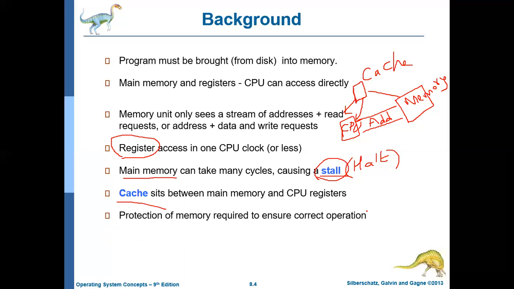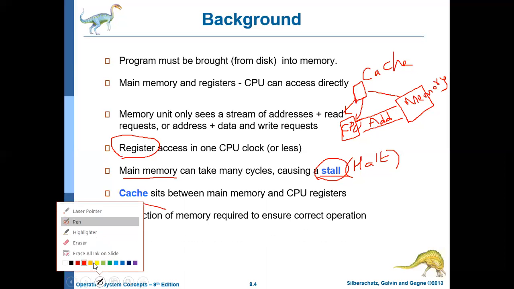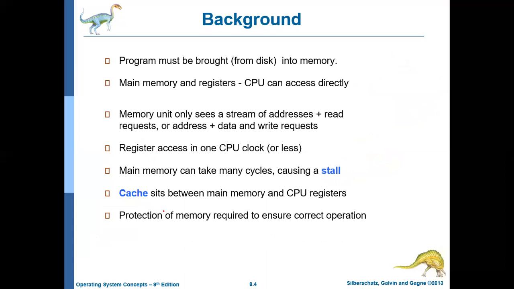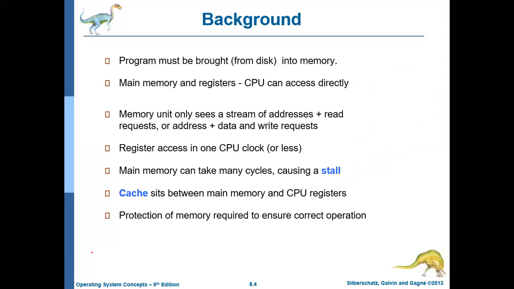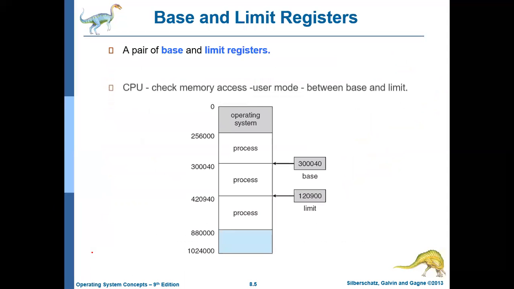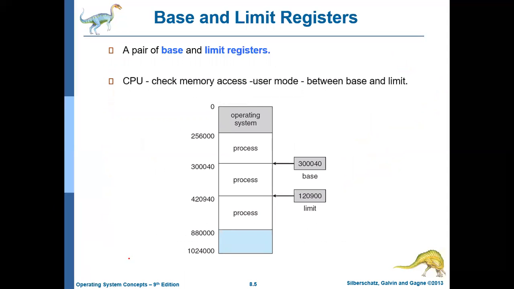Okay, fine. So we are not only concerned with the speed of accessing the memory, but we are also concerned about memory protection. Protection in the sense, as we already know, different user processes will be stored at different locations in the memory.